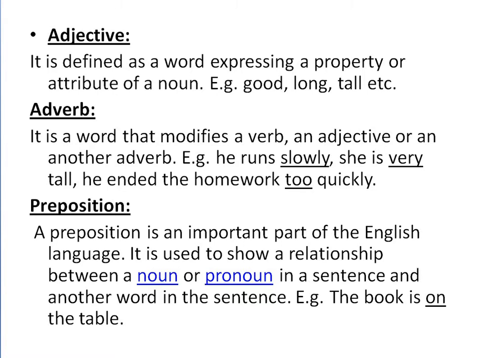Noun means anything, person, place, idea. Beautiful Pakistan. Here beautiful is the adjective which is modifying or explaining the place, the noun Pakistan. The tall girl. Girl is a noun, tall is an adjective, and it is giving information about the quality of the noun.